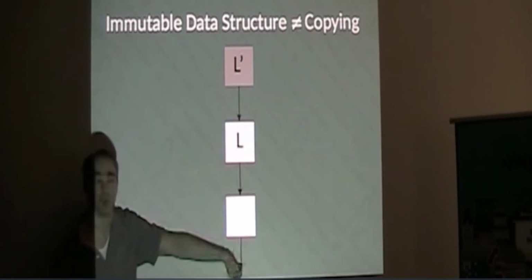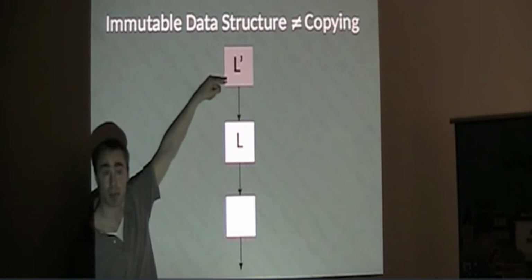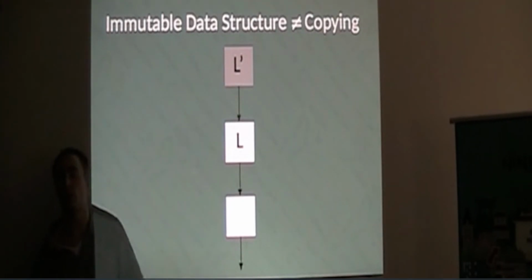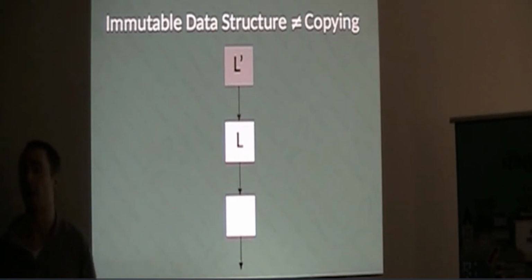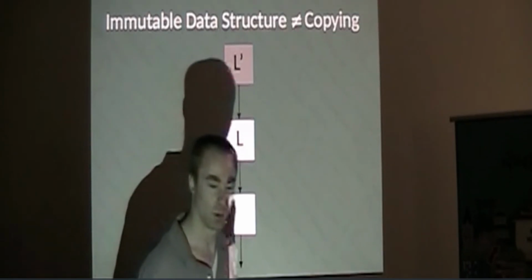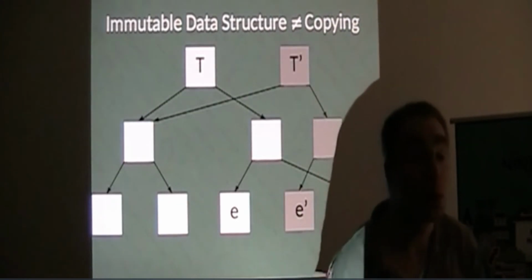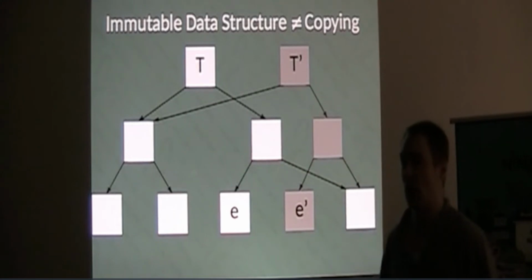The list defined by this head uses all the previous structures. So all we did is add up here. Now in this case, yes, if you add something later on, copying is involved. But when it comes to trees, we're going to be able to do even better.